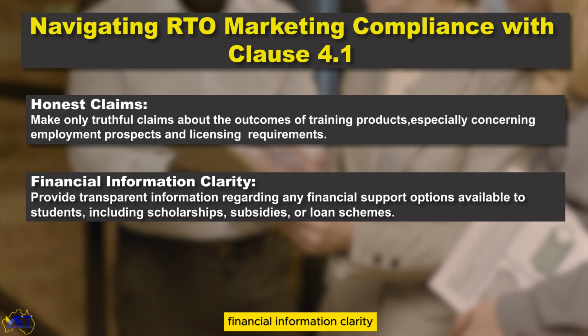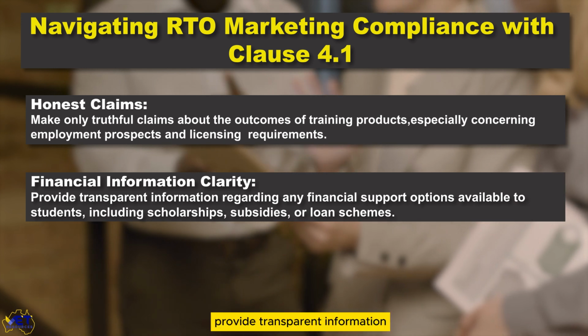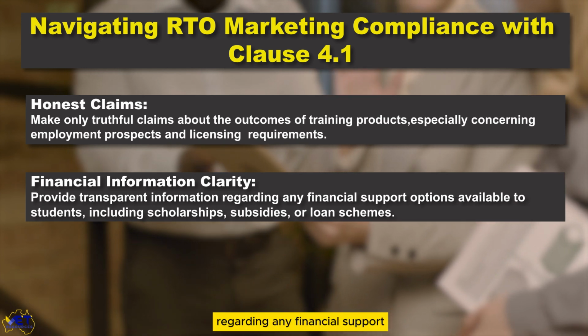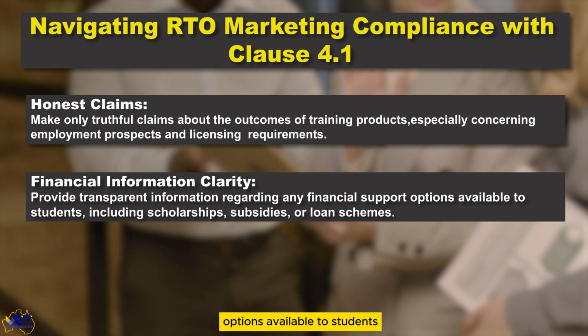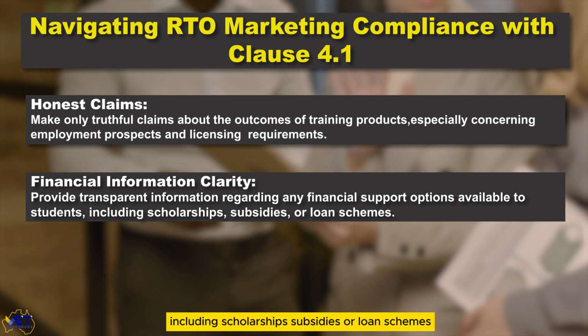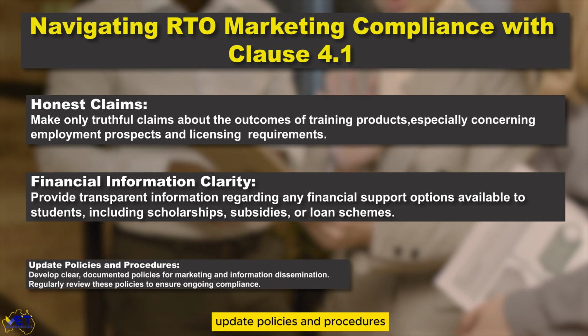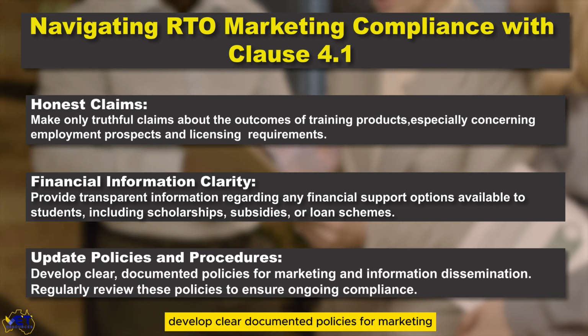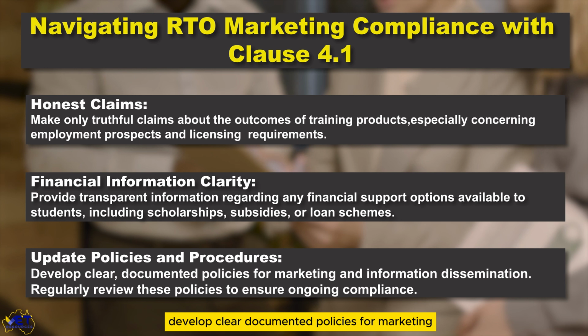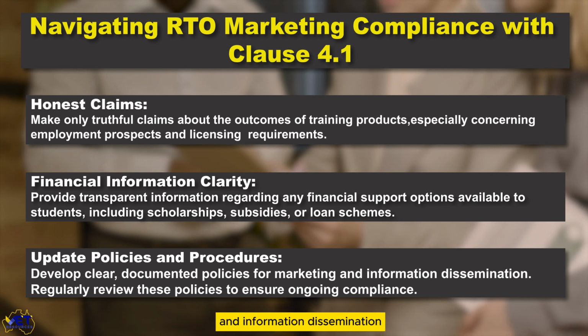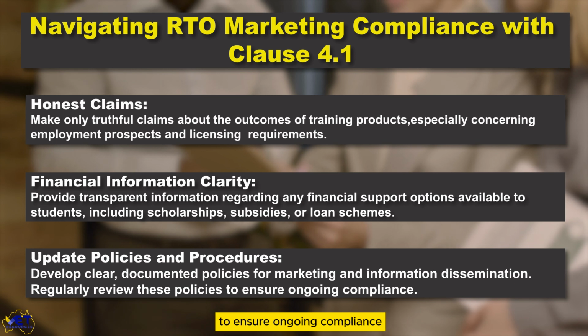Financial information clarity. Provide transparent information regarding any financial support options available to students, including scholarships, subsidies, or loan schemes. Update policies and procedures. Develop clear, documented policies for marketing and information dissemination. Regularly review these policies to ensure ongoing compliance.